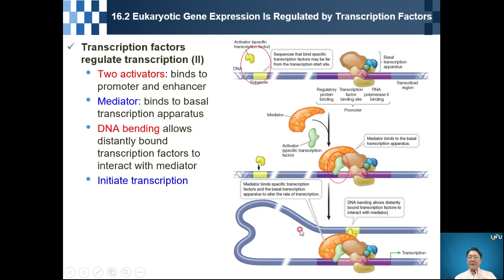After that, the linear DNA is bent. DNA bending allows distantly bound transcription factors to interact with the mediator. For example, this activator is far away from the basal transcriptional apparatus.